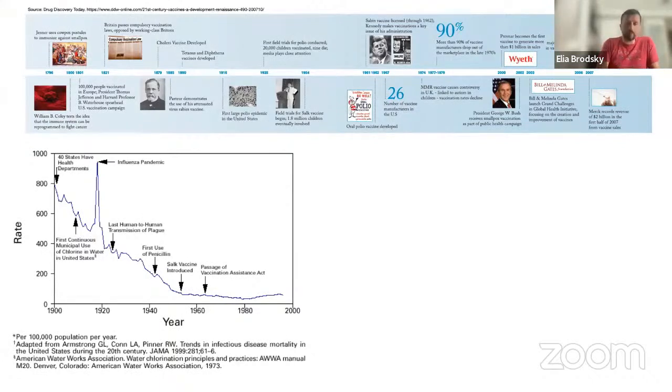From a population health perspective, we can see that the establishment of health departments, municipal use of chlorine in water, and use of penicillin are all predecessors of the vaccines, which were introduced in the 1950s. And up until today, those methods were very, very effective.